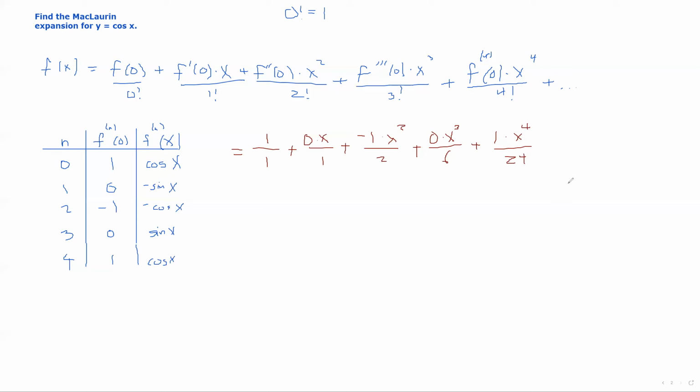Okay, and we would keep going. And what we notice is that, well, this term is 0, and this term is 0 because they're times 0. If we wanted to keep writing terms that weren't 0, it would look like 1 minus x squared over 2 factorial plus x to the fourth over 4 factorial.